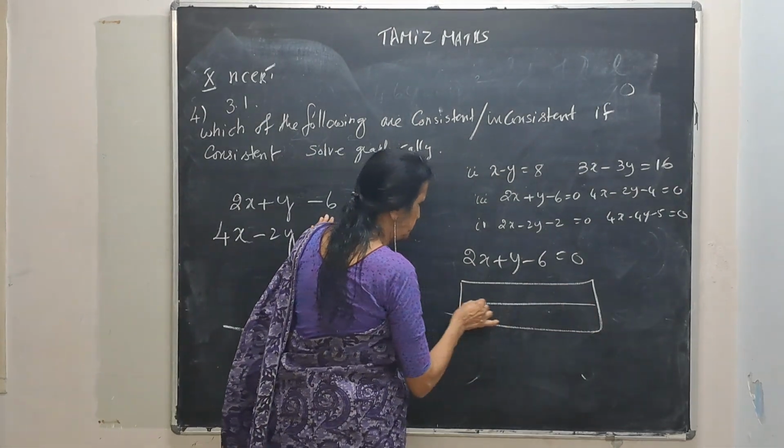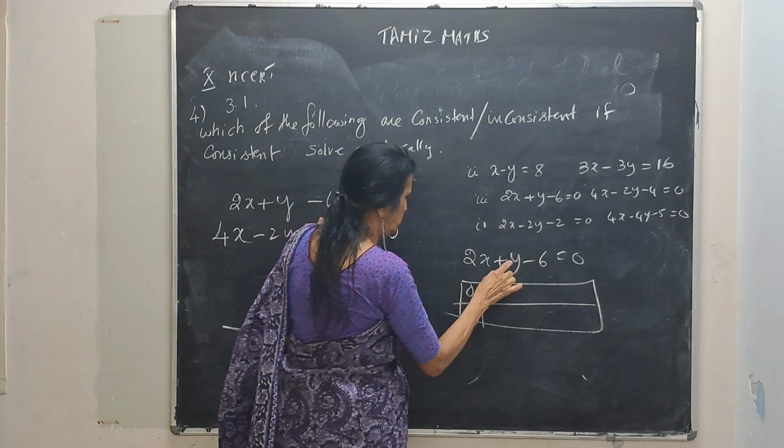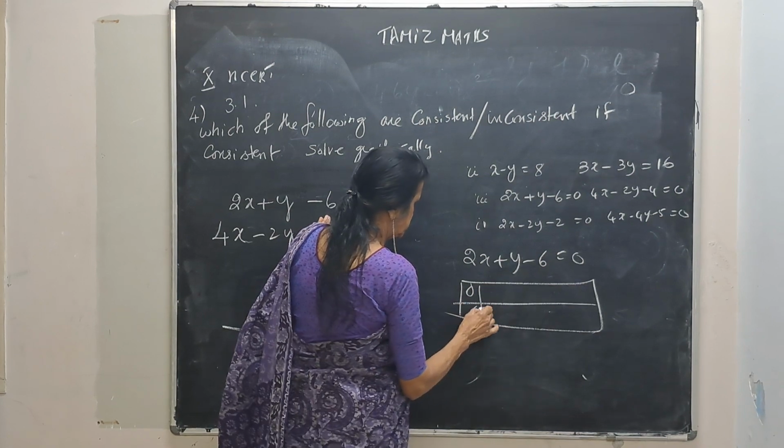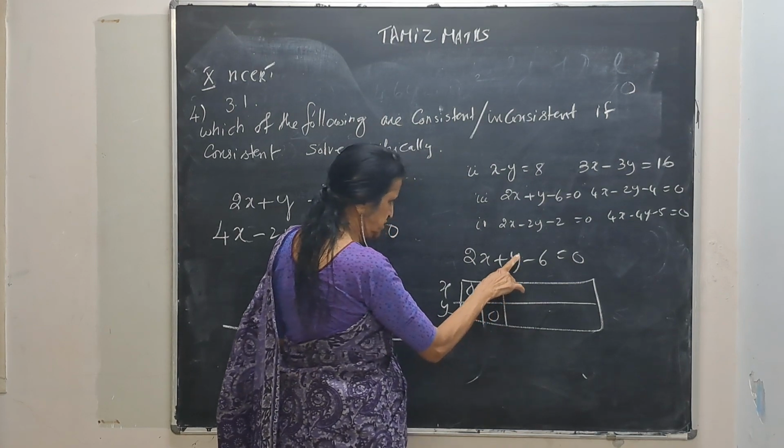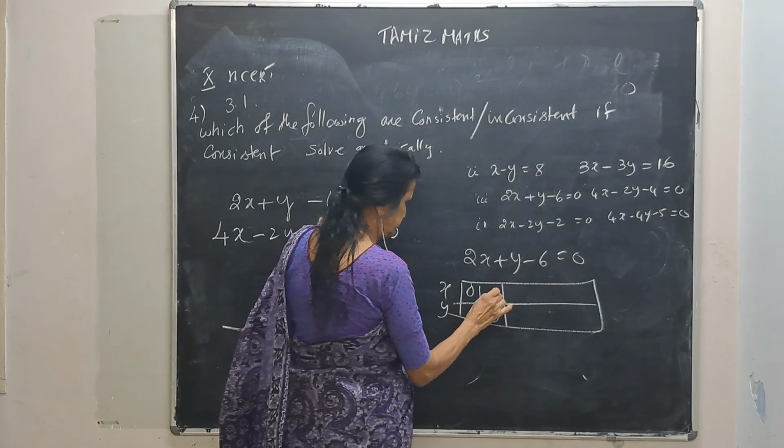Put x as 0. When x is 0, y is 6. When y is 0, 2x is 6, x is 3.